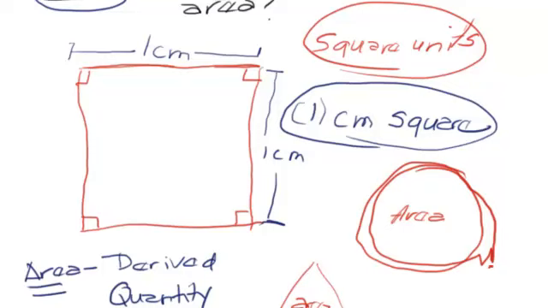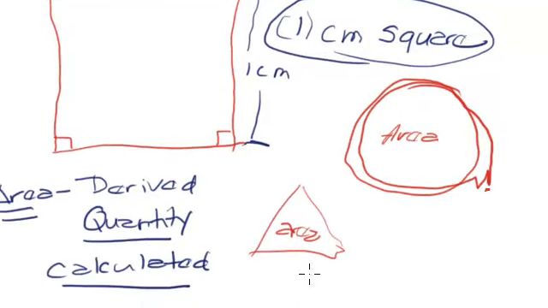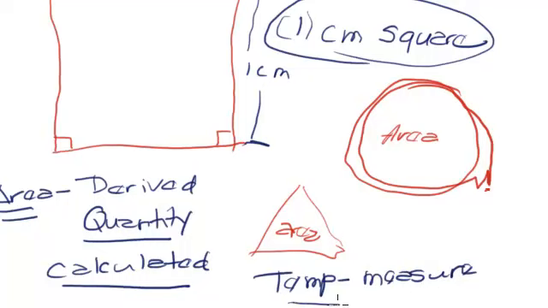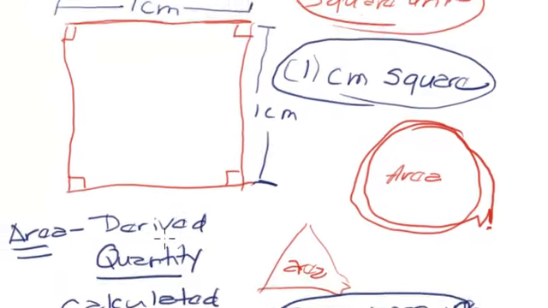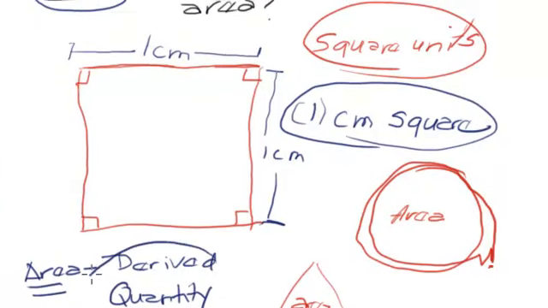That's very different than something like temperature, which we measure. There is no device to measure area. We can measure temperature, but area, like other types of quantities in the physical sciences, has to be calculated. And I think you probably already know how to do this.